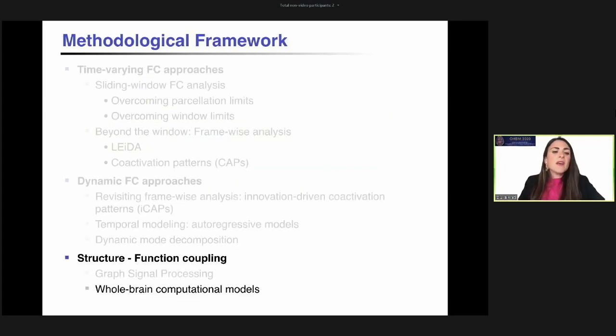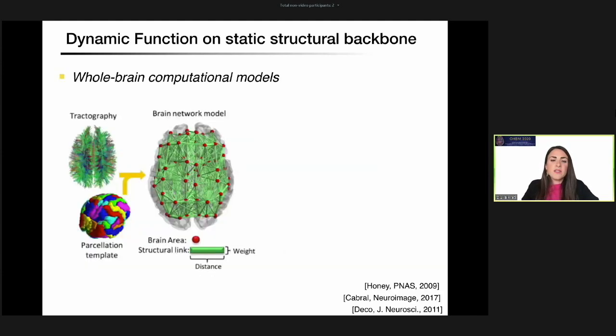Then last, the framework of whole brain computational models also tries to integrate the structural connectome in the analysis of functional connectivity dynamics. In particular, whole brain computational models try to simulate the functional signals in the brain, starting from anatomical constraints given by the structural connectome and models of the neural dynamics.